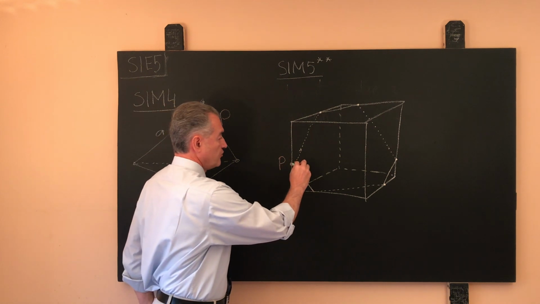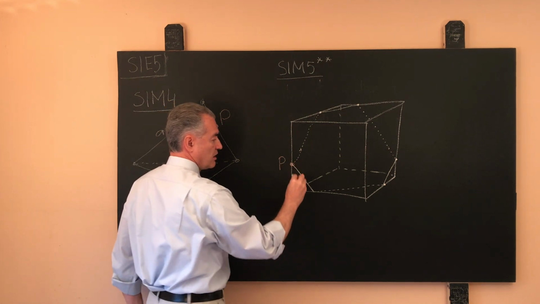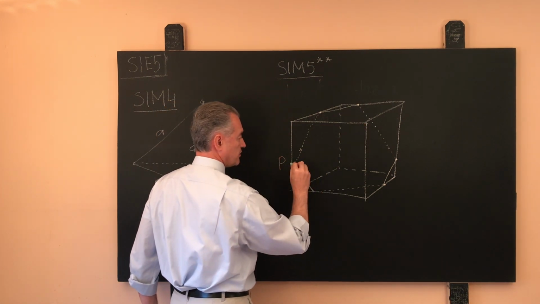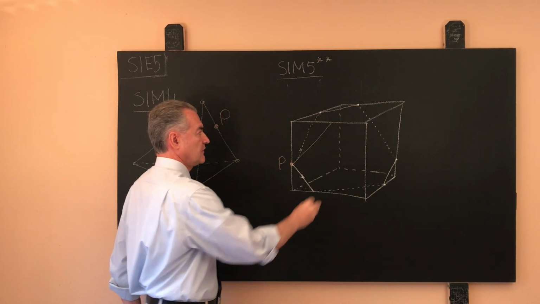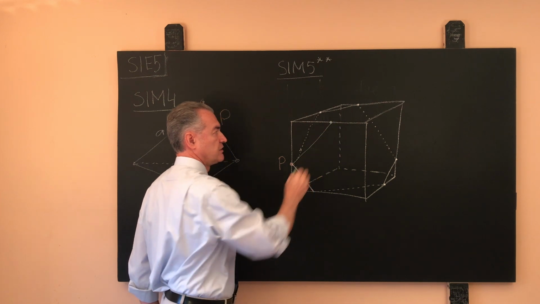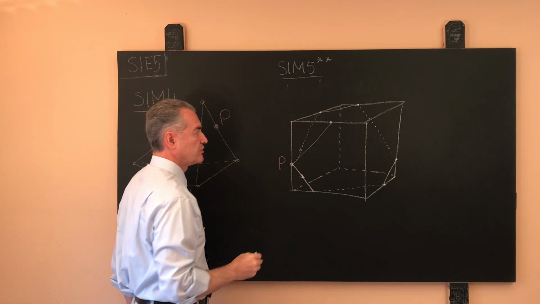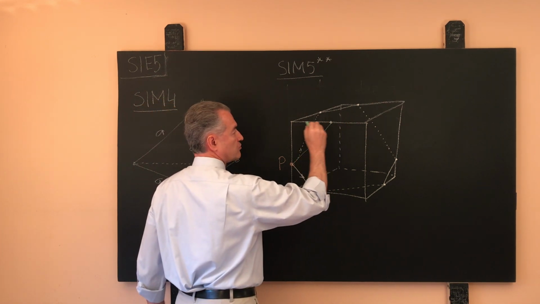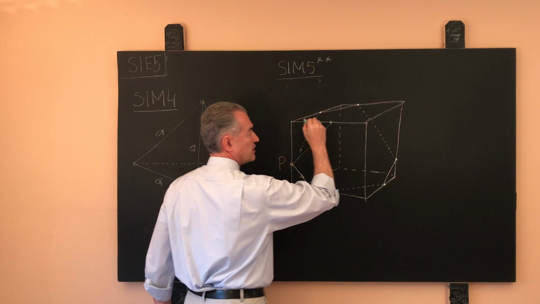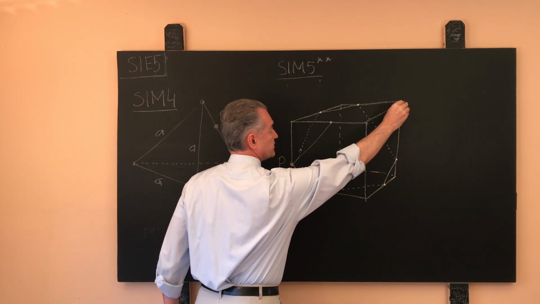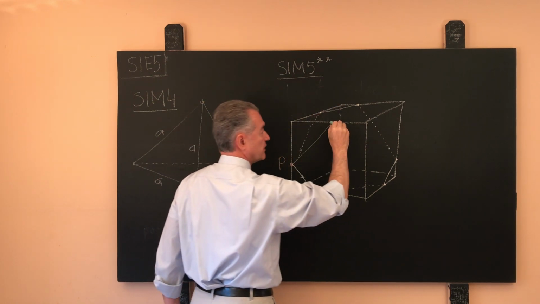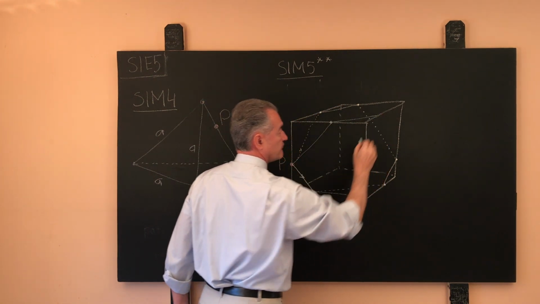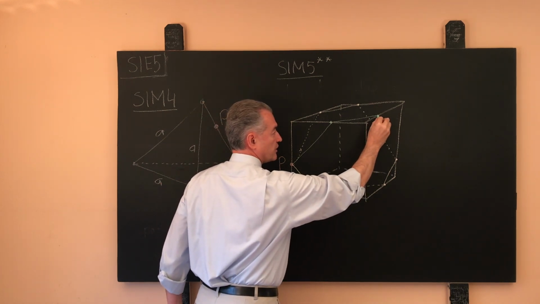So on the first leg of the journey, our ant will run parallel to this diagonal until the point right here. On the second leg of its orbit, the ant will run parallel to the diagonal that terminates here and begins over here for the top face of the cube, like so, unto the point over here.